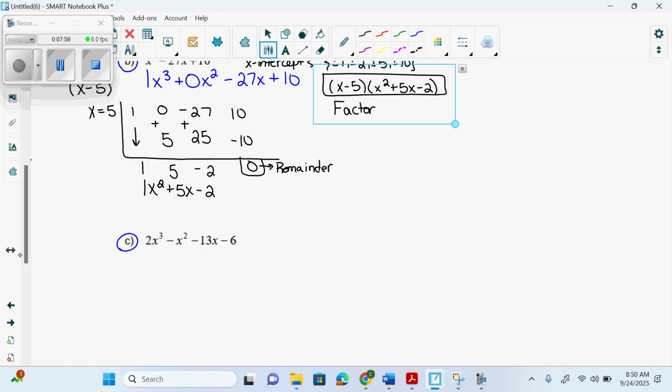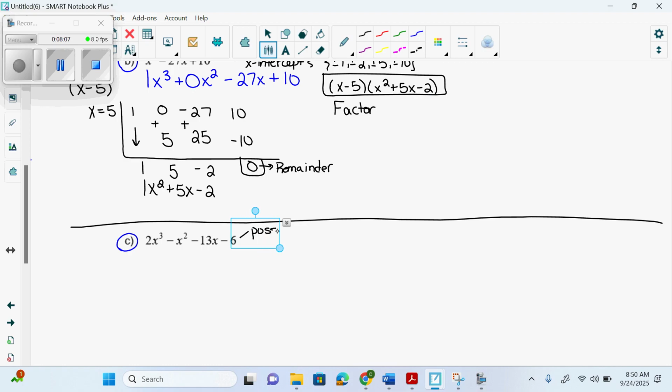So the first thing we do is put our possible x-intercepts. Always from the constant. Plus or minus 1, plus or minus 2, plus or minus 3, plus or minus 6.